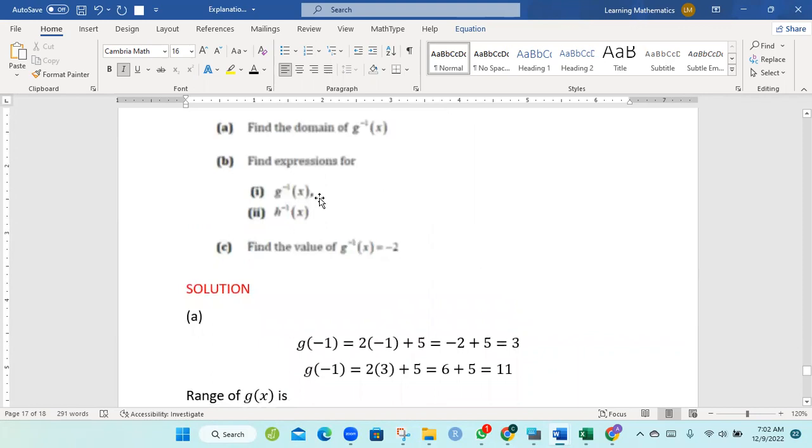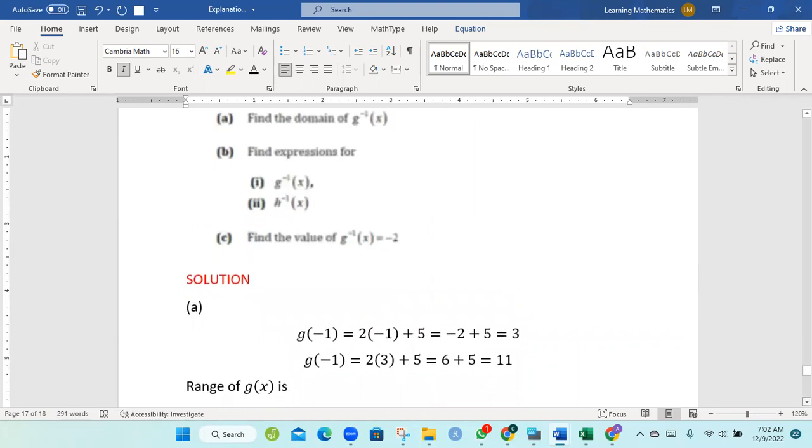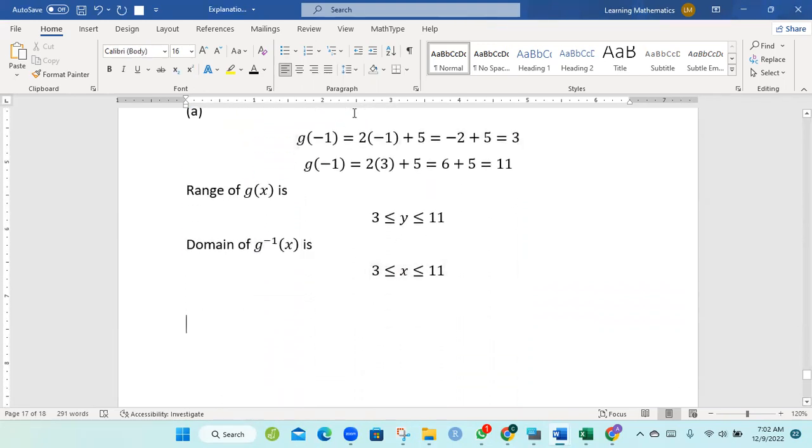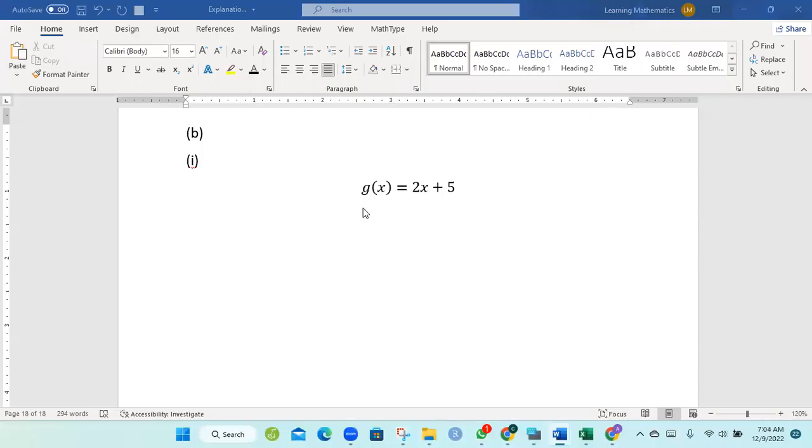So we're going to find an expression for the inverse of g and then the inverse of h. The first step to find the inverse of g of x is to write down the function. Then we convert the notation g of x to the letter y.